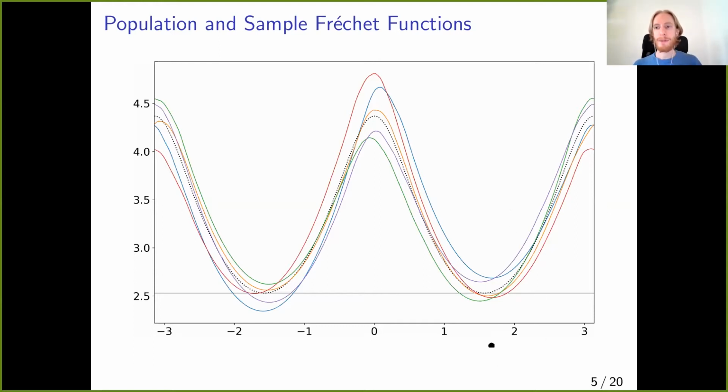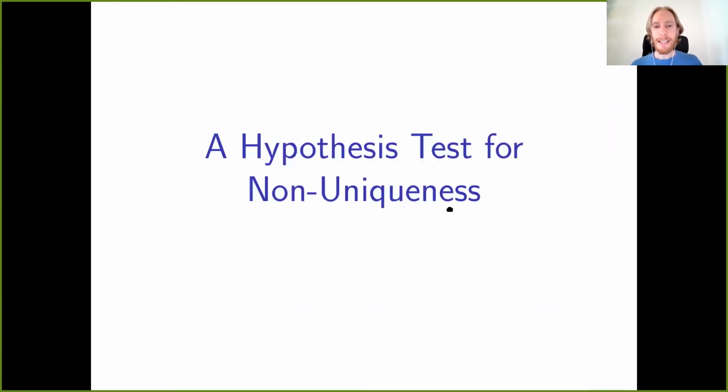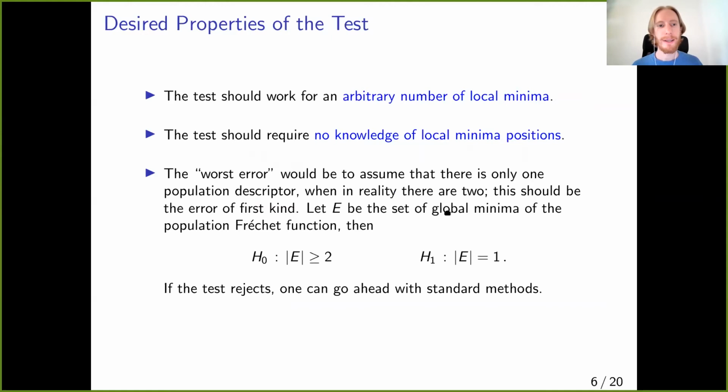Or said differently, if we have a sample for which we have a unique mean, how can we be sure, or reasonably sure, confident, let's say, that the underlying population doesn't have non-unique means? And this is what we want to test with our hypothesis test, which I will sketch now.